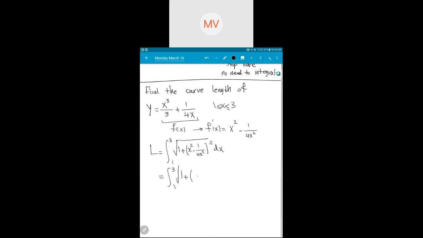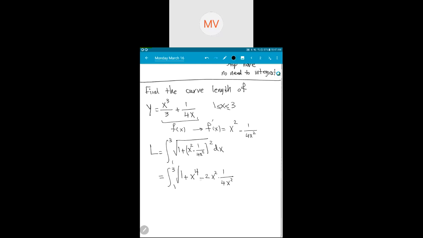So we're going to have x to the 4th, plus, let's do the middle term. The middle term is going to be 2 times x squared times 1 over 4x squared. We already took account of the negative sign.